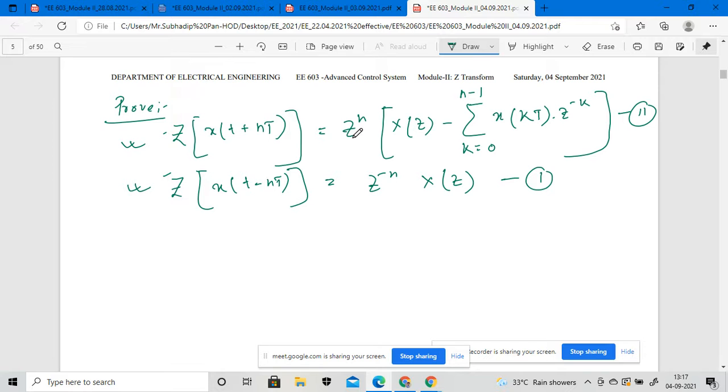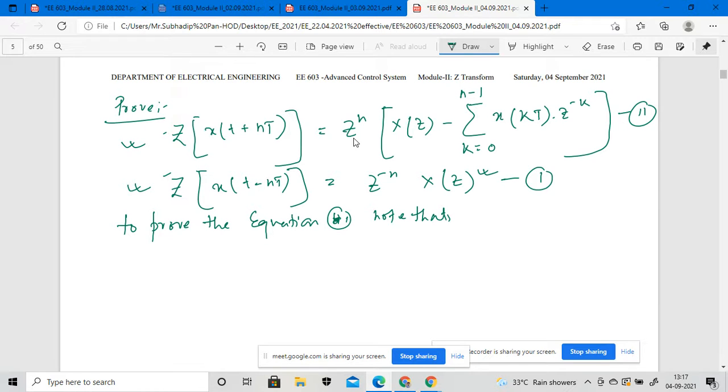To prove equation 1, first you have to prove this equation. So you have to note what will be your notation.